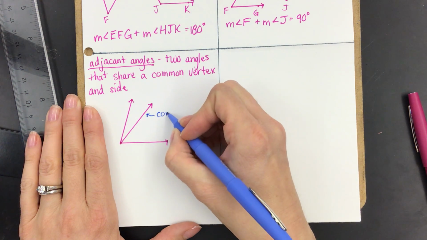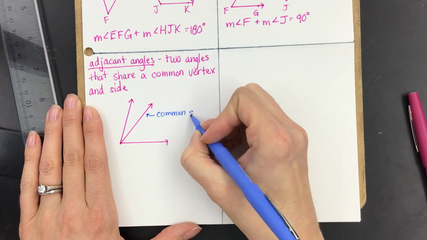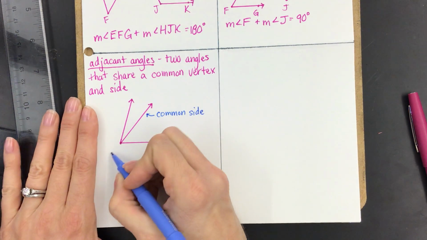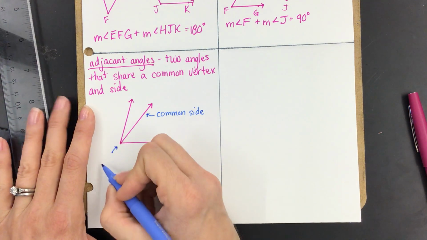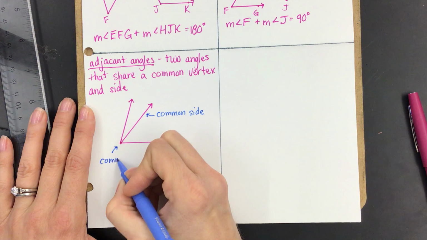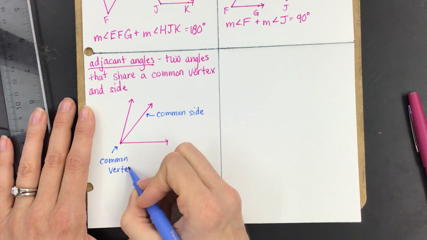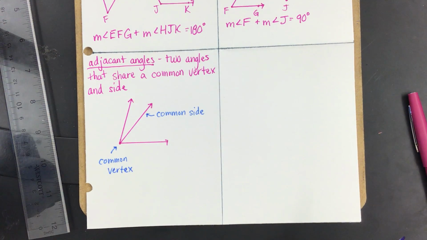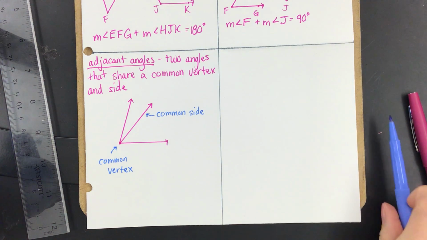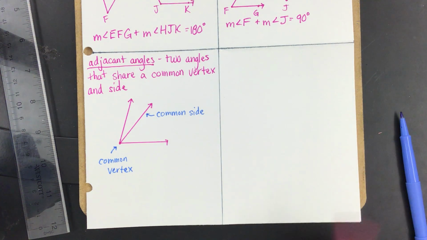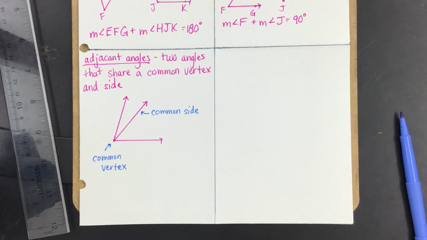So here's the common side. And they have a common vertex. So these would be considered adjacent angles, angles that are right next to each other. All right, so that's adjacent angles.